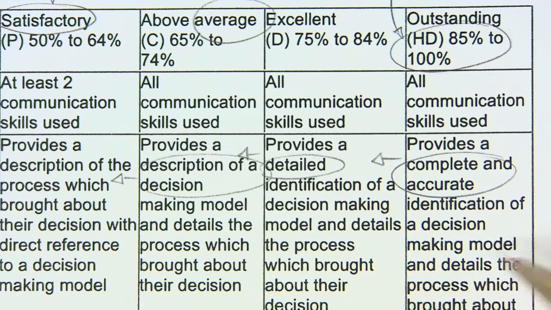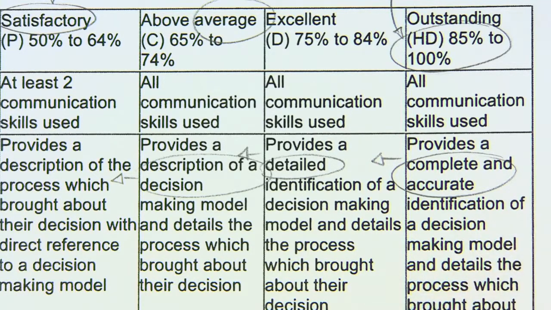The student then has to go to the HD standard to figure out what it is that they need to do better for next time. This is not advised. It's advised that you actually capture what the student has done wrong or the limitation in their work in the descriptor for the grade that you're giving them.